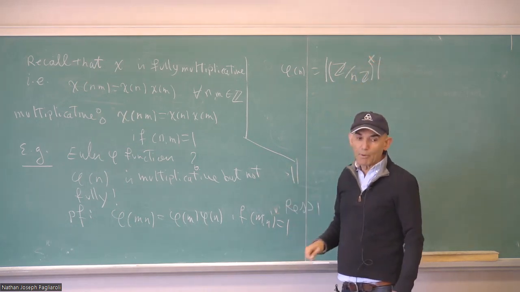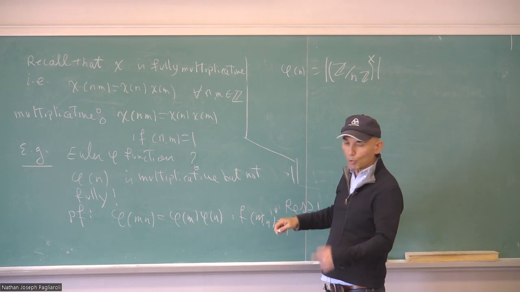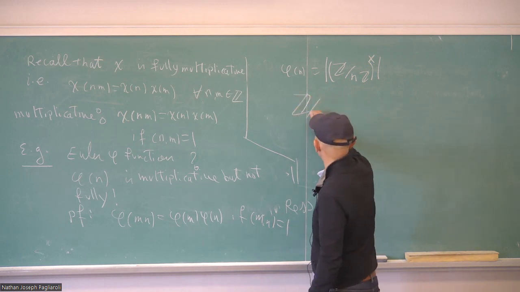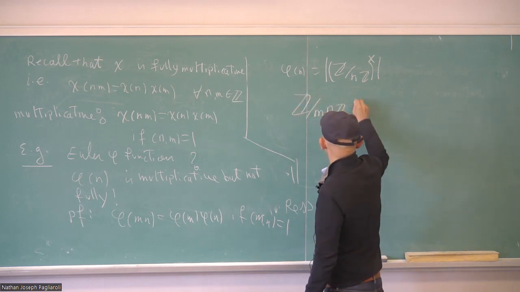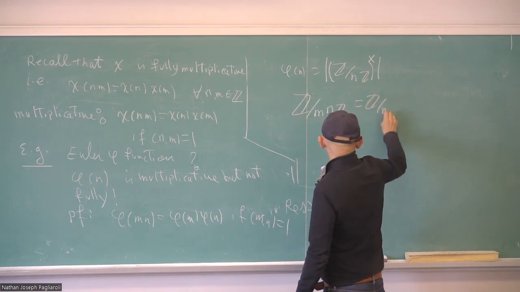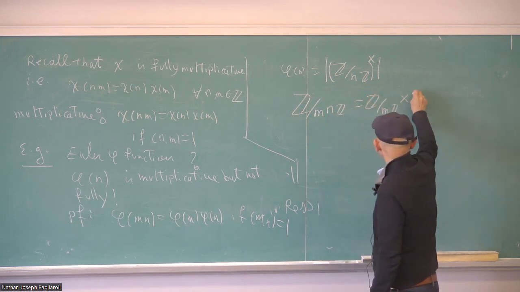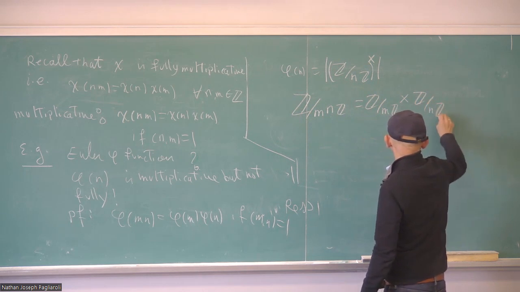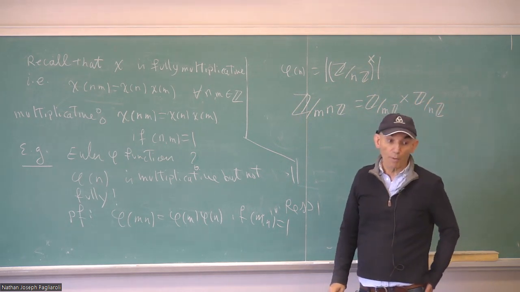But if n and m are relatively prime, you can decompose Z/mnZ as Z/mZ cross Z/nZ. Only if m and n are relatively prime, not otherwise.